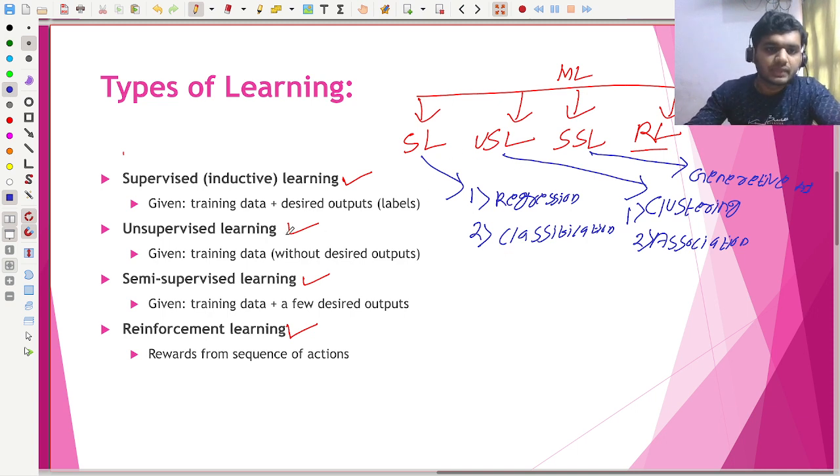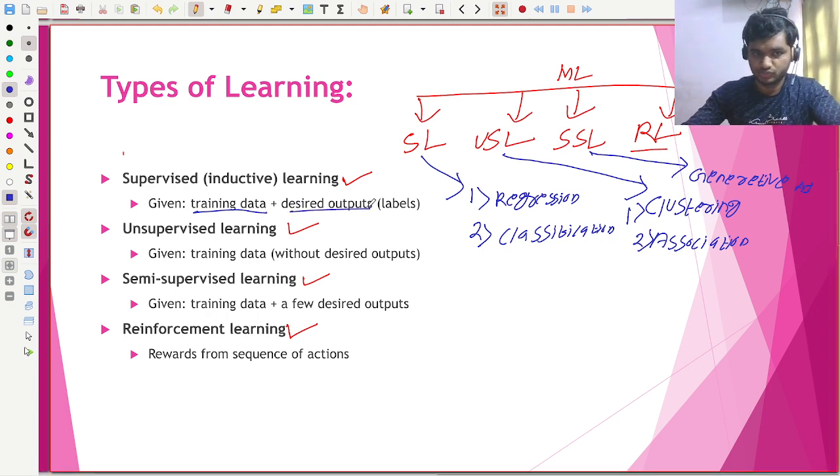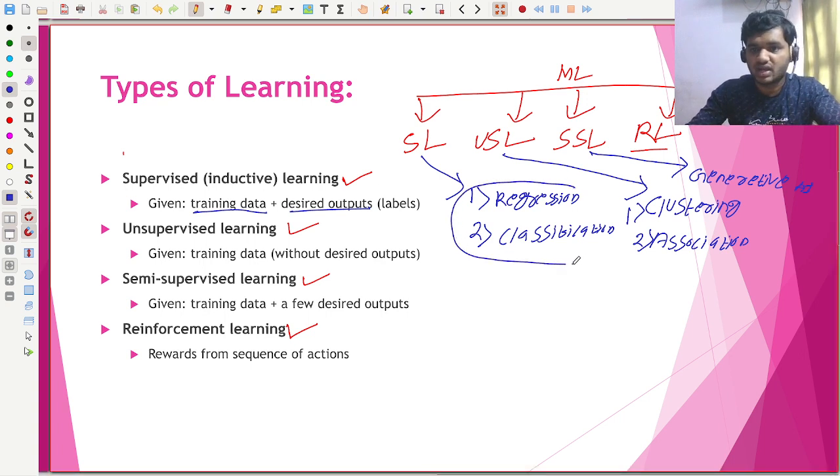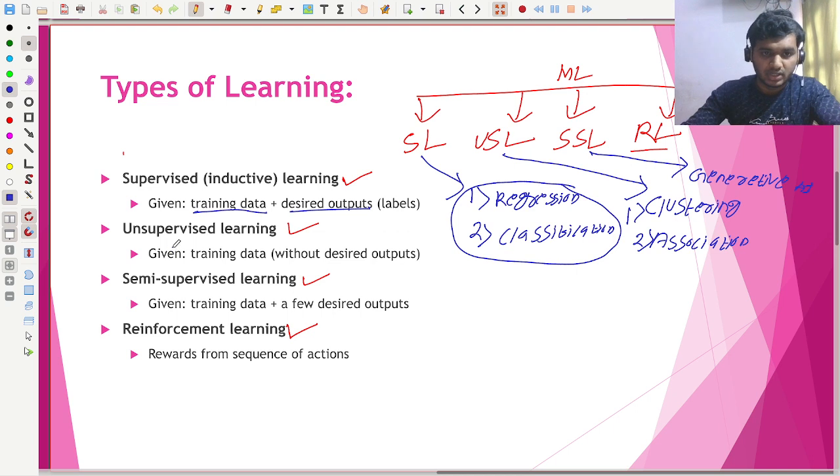So in supervised learning, you will give training data plus desired output. So it is part of regression and classification. Unsupervised learning is given training data without desired output.